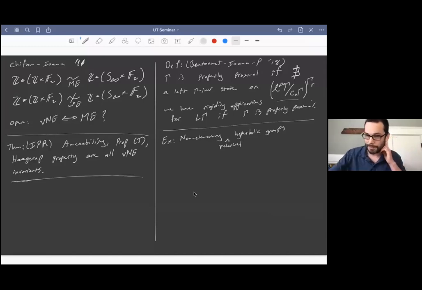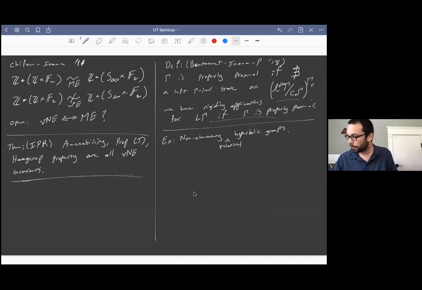This is the concise and easy definition, but this is not actually the definition that you use for showing something is properly proximal. I use a different definition, and that's related to dynamics, and there's a certain amount of proximality involved in the dynamics. That's maybe all I'll say about that. After the talk, I'm happy to be a bit more specific on that.